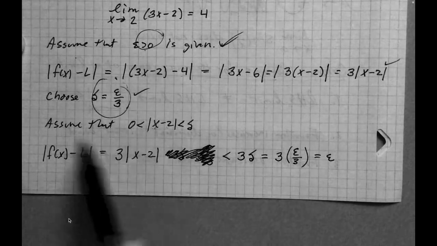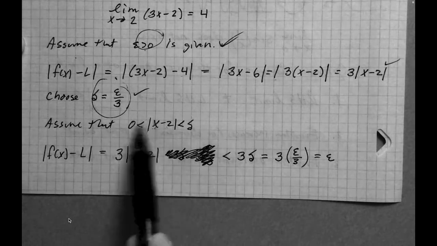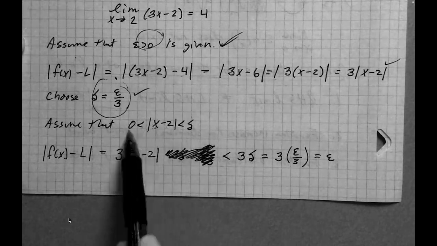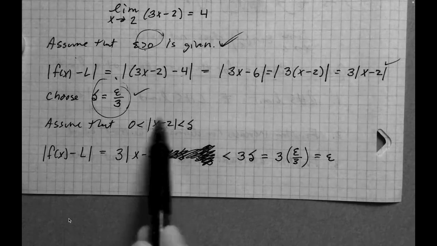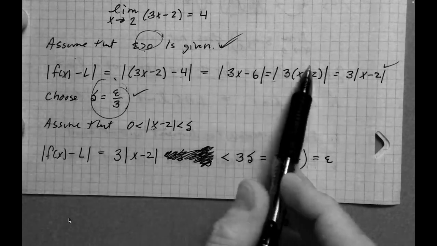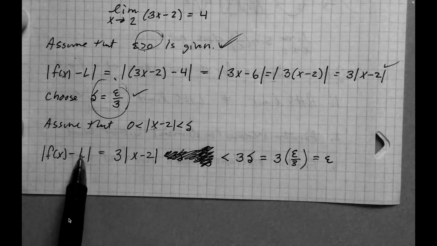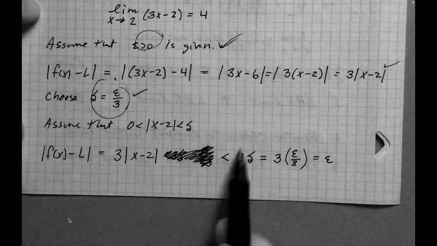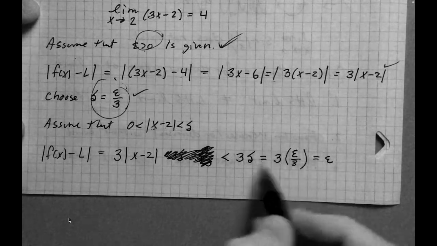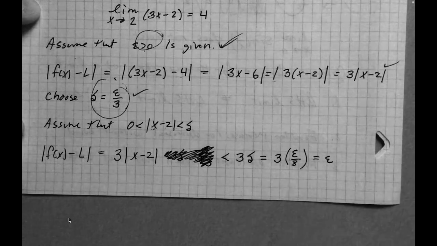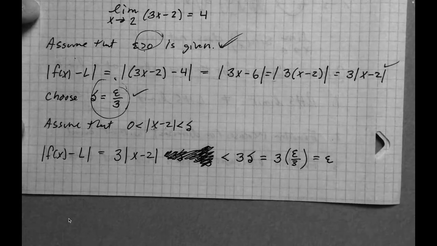Then I assume my value of x is within delta of the limit point 2. And then we can go through this exercise to see that f of x minus L is equal to 3 times the absolute value of x minus 2, which is less than 3 times delta, which we see is equal to 3 times the ratio of epsilon over 3, which is just epsilon.